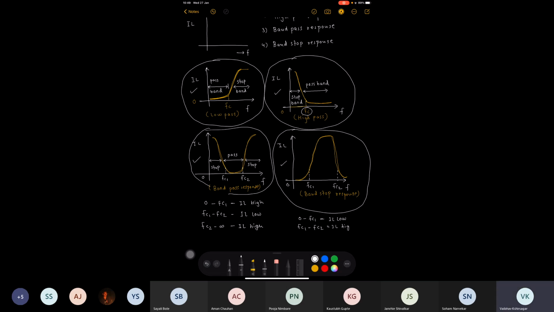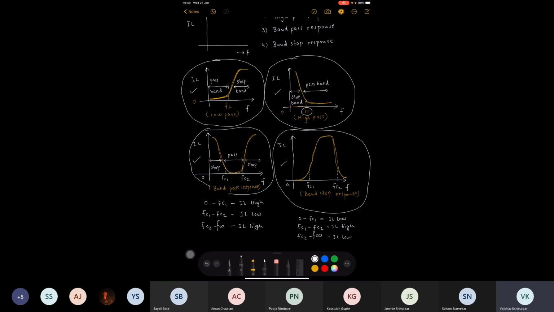From FC2 to the further frequencies up to infinity, whatever the value of the next frequency, the insertion loss again becomes low. This indicates just the opposite behavior of the band pass response, and we call this a band stop response.